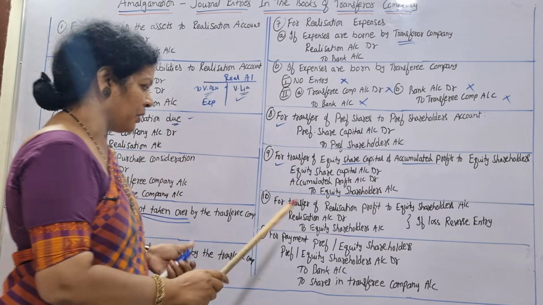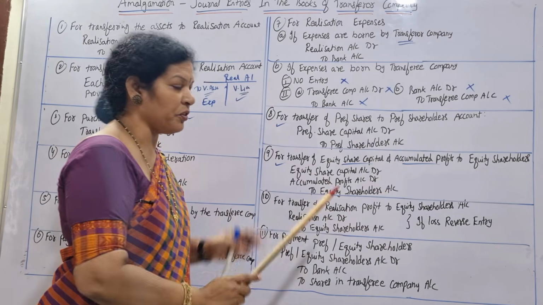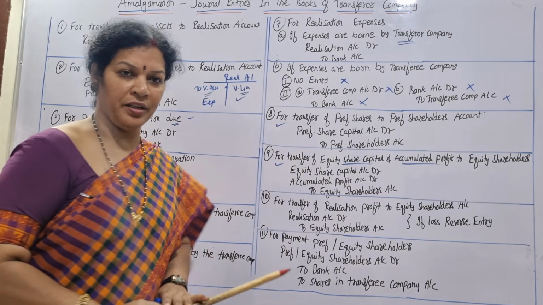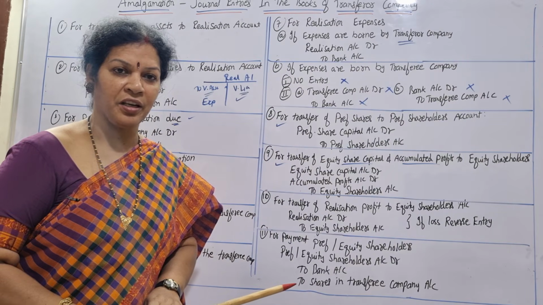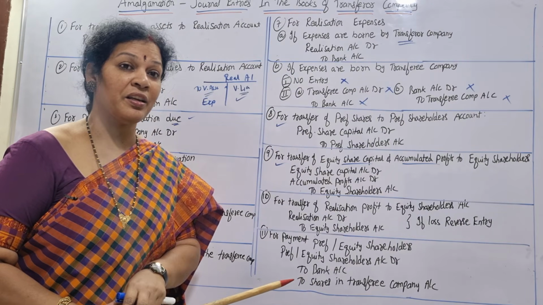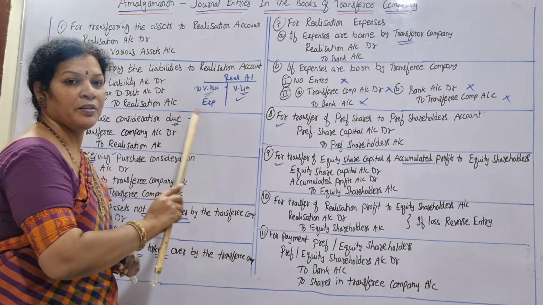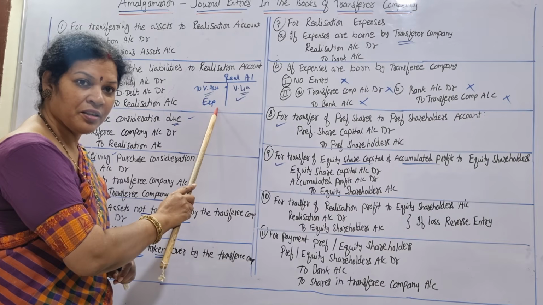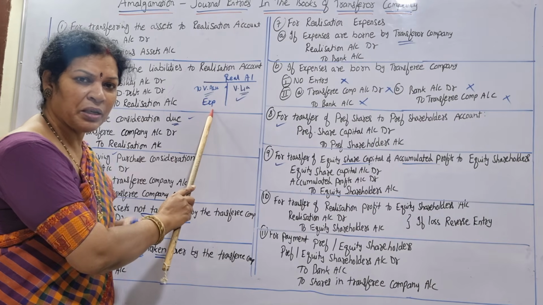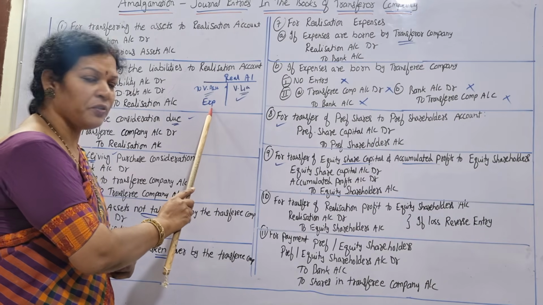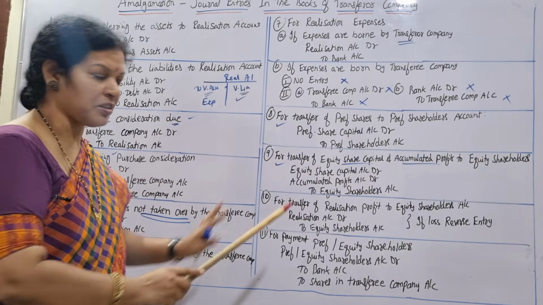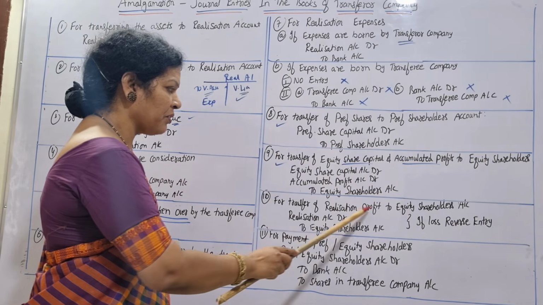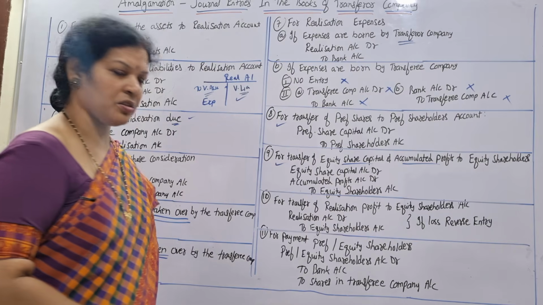Right. Next one, for transfer of realization profits. After passing these 9 entries, we will prepare the realization account. If you get a profit, it will be on the debit side. You know it, same like partnership. So for that you pass the entry: for transfer of realization profit to equity shareholders.